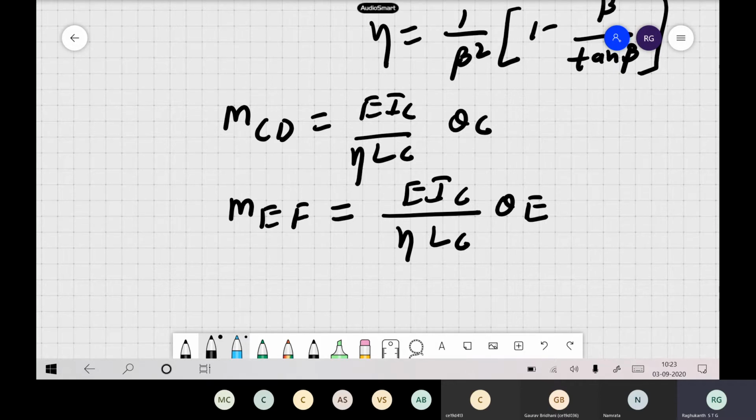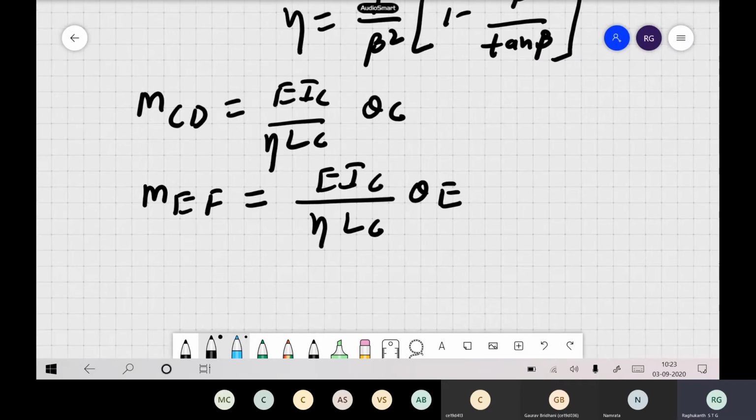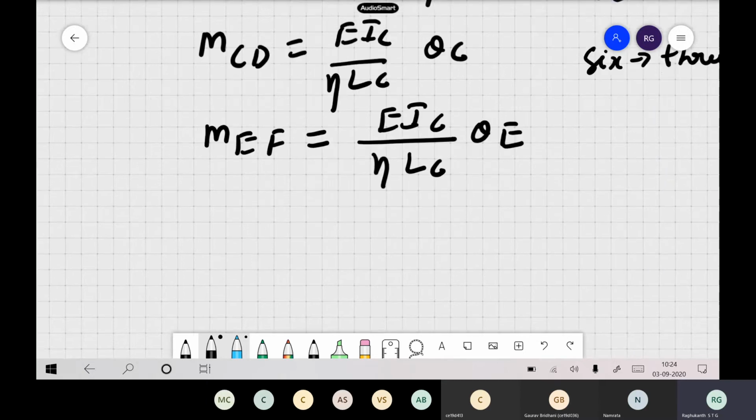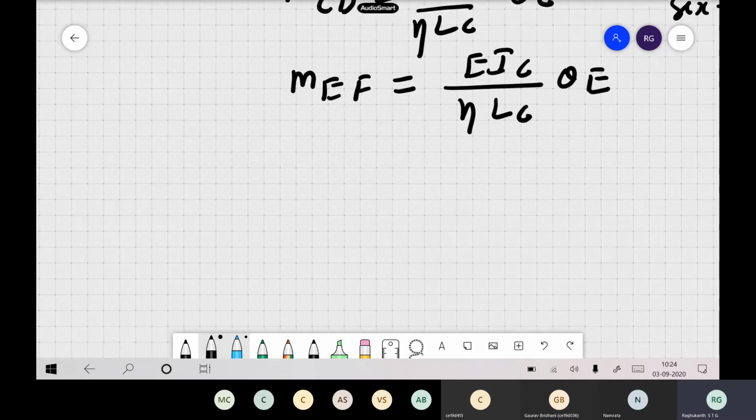Although we have 6 rotations, one can be expressed in terms of another, so finally the problem boils down from 6 to 3 itself: theta B, theta C, and theta E. And now to find our buckling loads, we write our joint equilibrium equations.